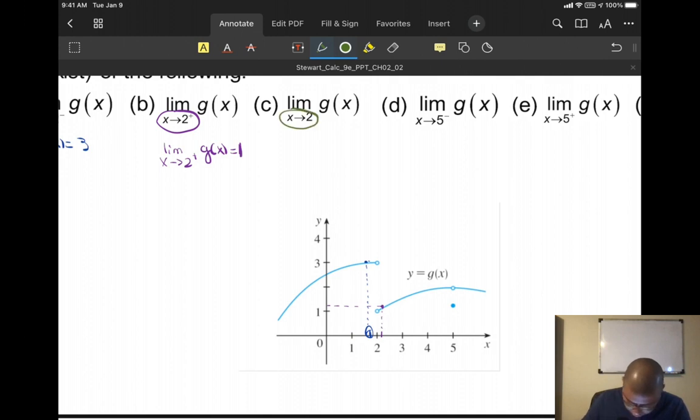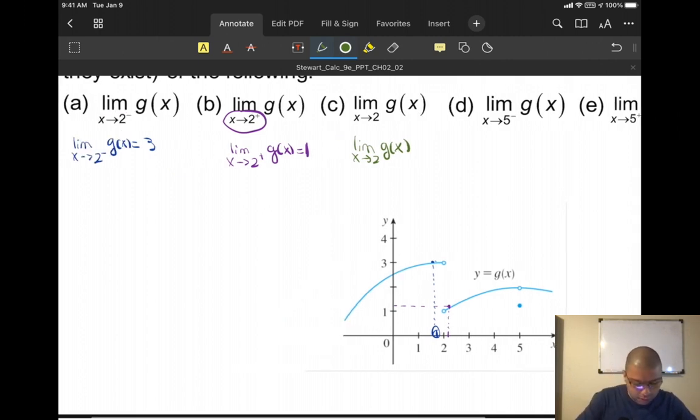Change colors again, go green. As x goes to 2, what's the limit? Remember what I just said in the previous slide. For the limit as x approaches 2 to exist, both one-sided limits have to exist, and they have to be equal. Now they both exist, but they're different.